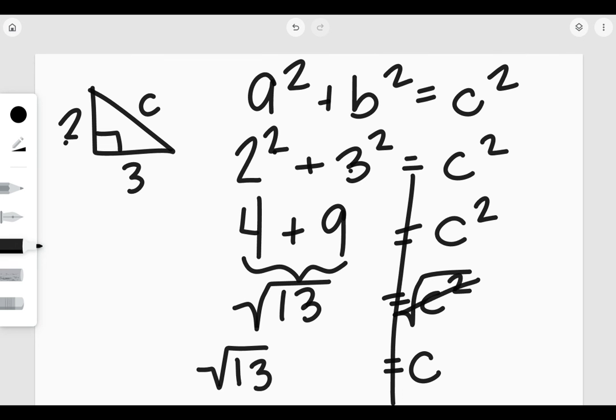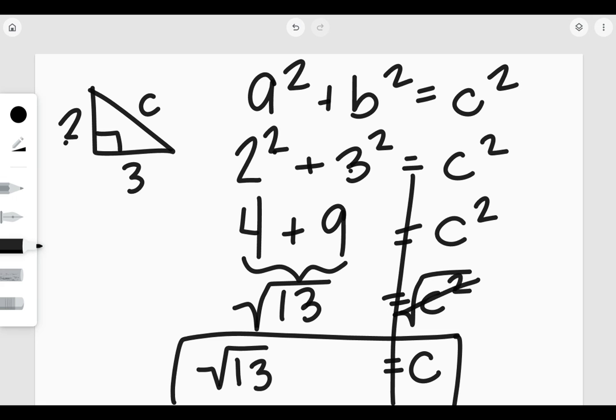In most cases, unless you are told otherwise, I want you to keep your answer just like that. You keep it with the square root symbol over your whole number if it is not able to be broken down into a perfect square, right?